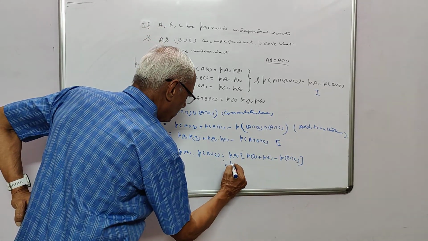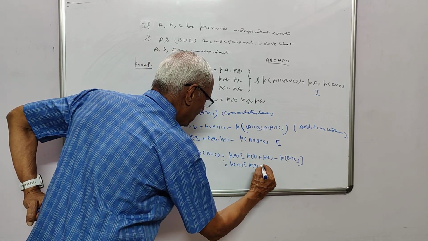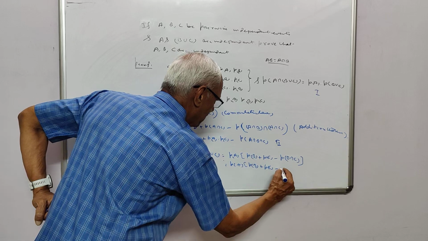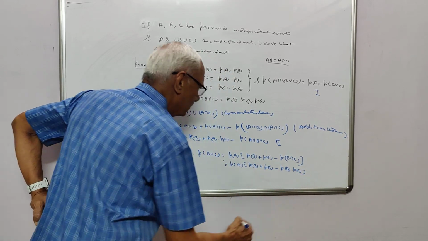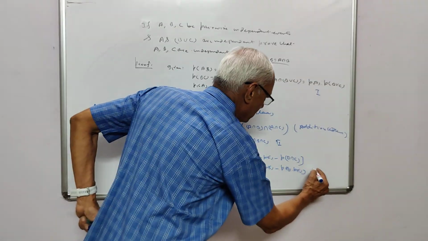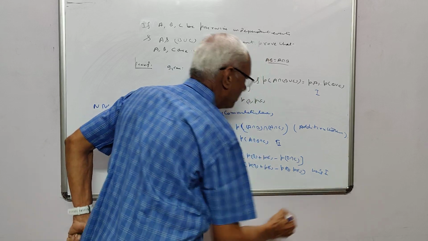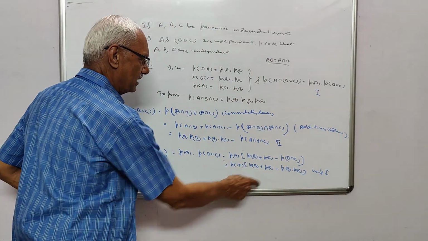So this is equal to P of A into P of B plus P of C minus P of B into P of C, because here I am using 1.